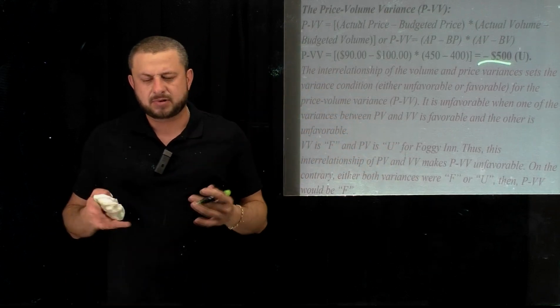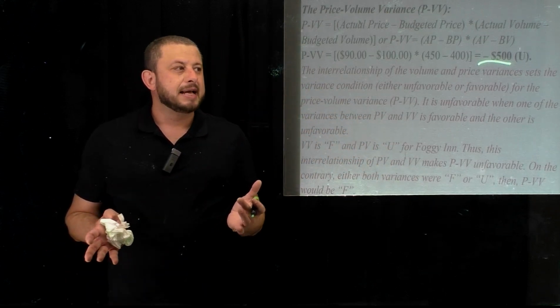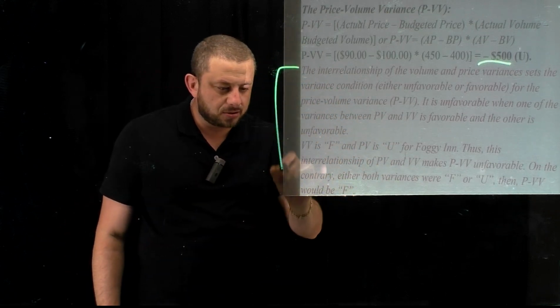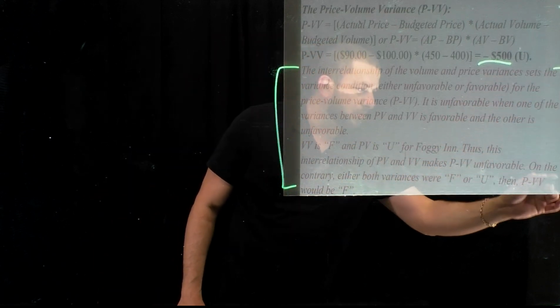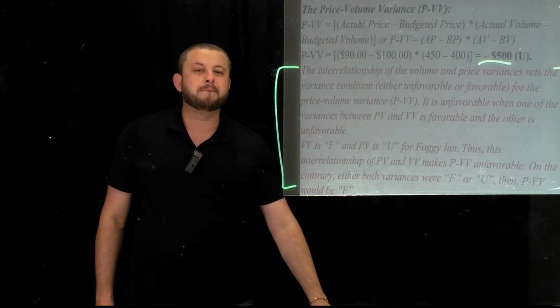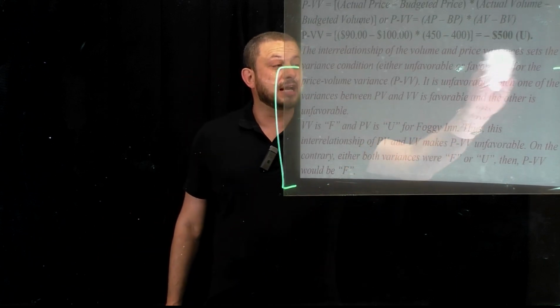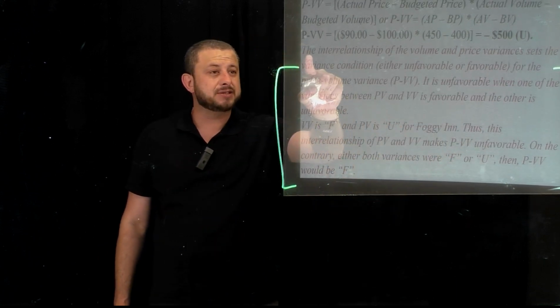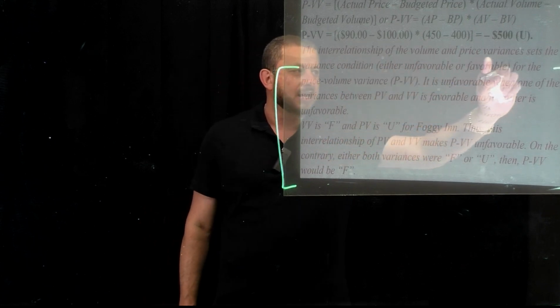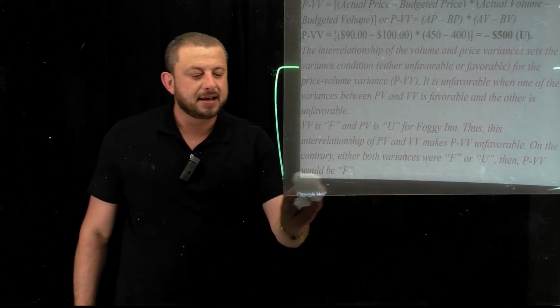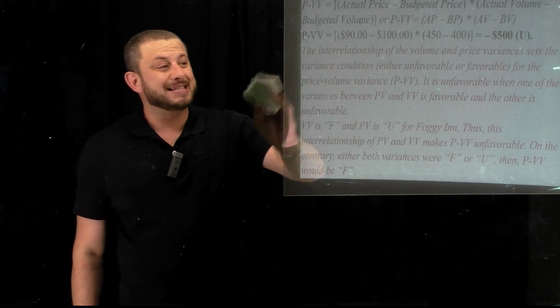Well, negative 500. What is negative 500? Guys, in order for me to determine unfavorable or favorable for the combined variances, I will have to follow the interrelationship of the volume and price variances, and then my judgment will be set.